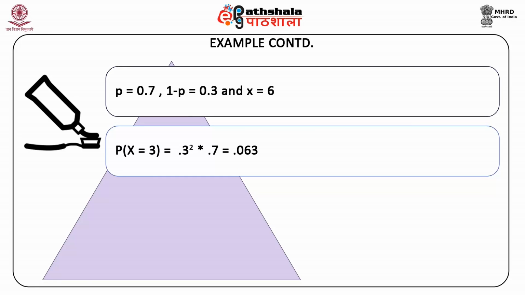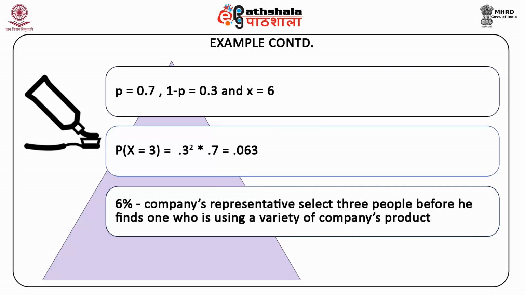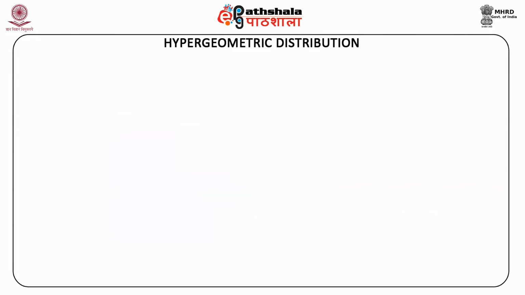Probability of x equal to 3 is equal to 0.3 square multiplied by 0.7, which is equal to 0.063, which implies there is about a 6% chance that the company's representative would have to select 3 people before he finds one who is using any variety of its company's product.